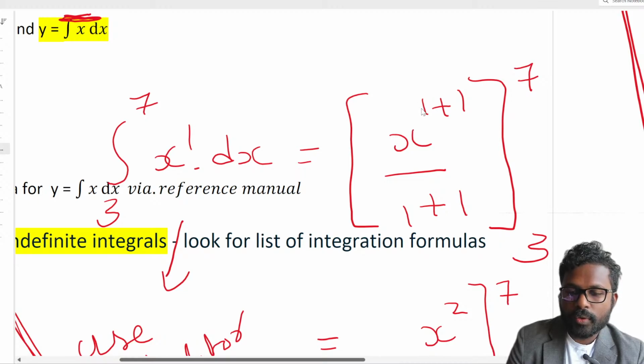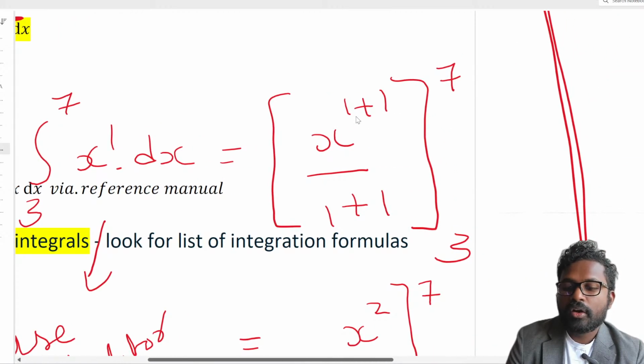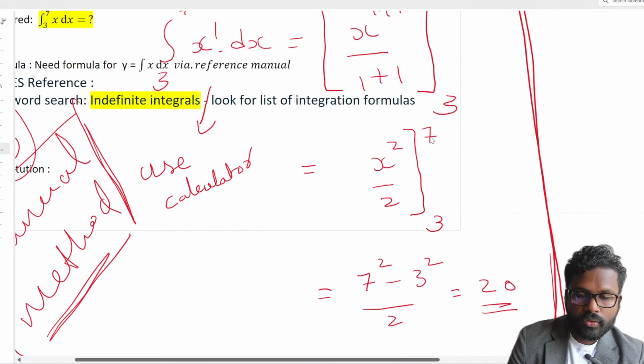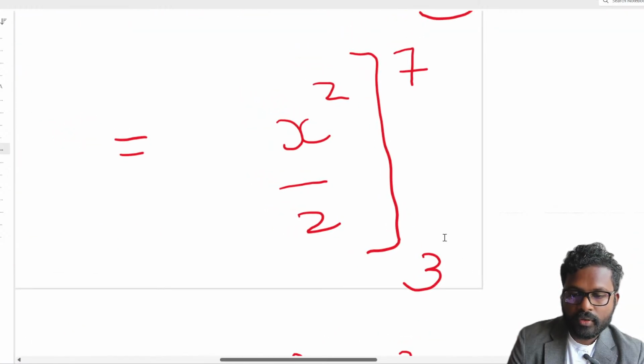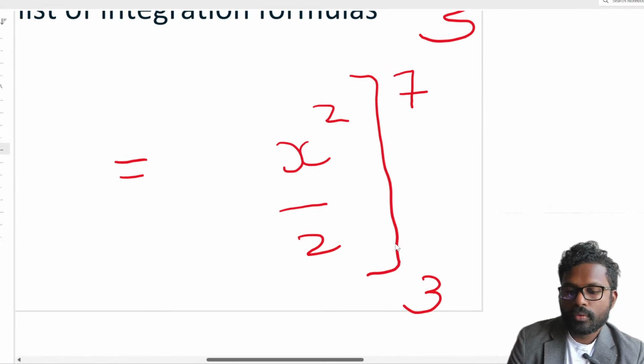Since m is equal to 1, x power m plus 1 is rewritten as x power 1 plus 1 by 1 plus 1. And the lower and upper limits are written on the right hand side in the lower and upper parts, like 3 and 7. Okay guys. So the same equation will now become x square by 2, lower limit 3, upper limit 7.